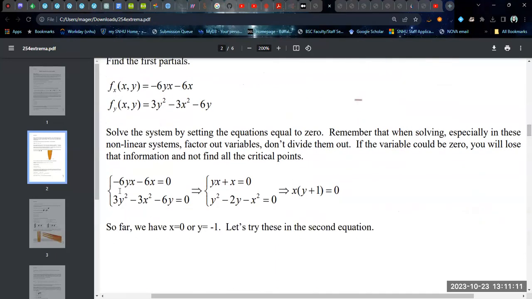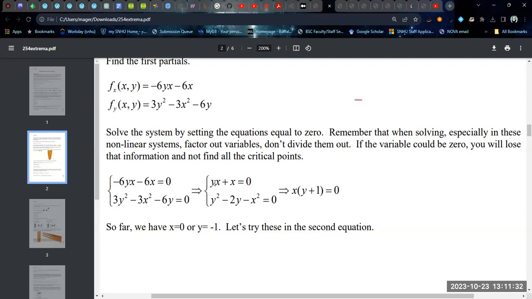Now, again, we have to solve it like a system of equations. So for this first scenario, you set each thing equal to 0, and I divided out the -6 in this first problem. And the thing that you have to keep in mind is that you can't just divide things unless they're constants.